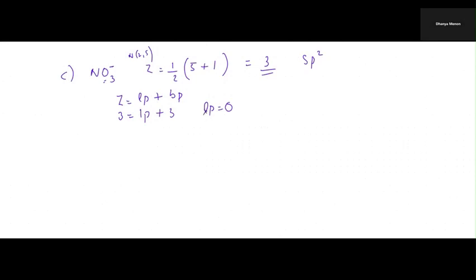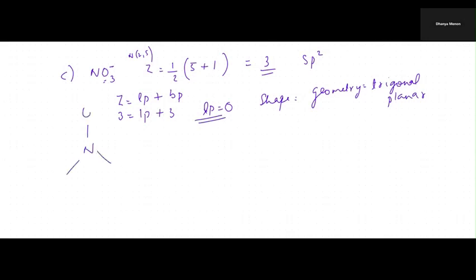Shape and geometry are the same, which is equal to trigonal planar. Why? Because lone pair is equal to 0. Okay, and 1, 2, 3, oxygen, oxygen, and oxygen. This is 120, 120, 120.